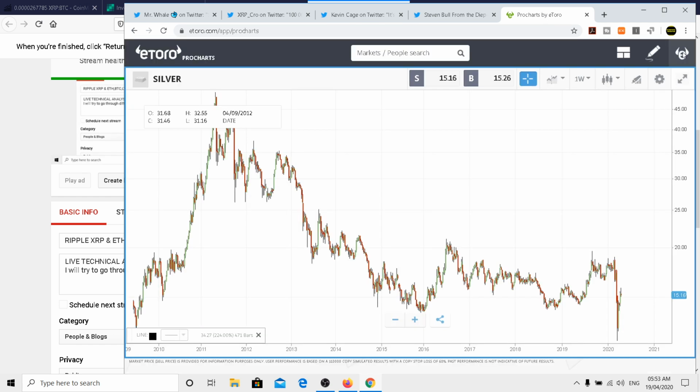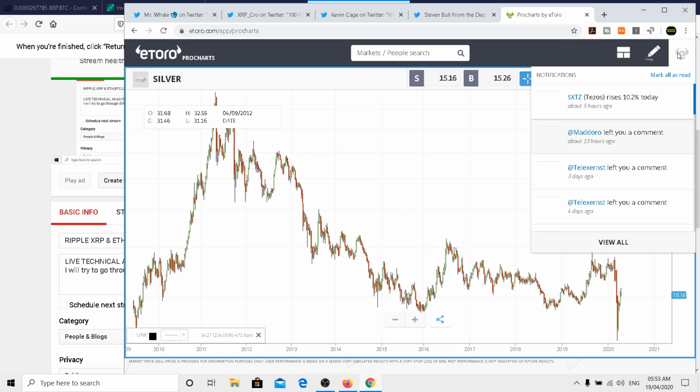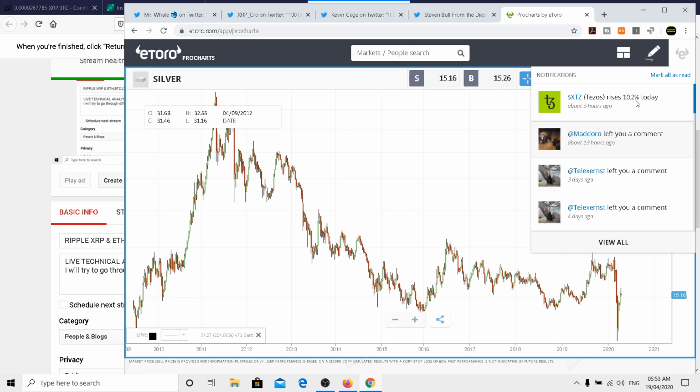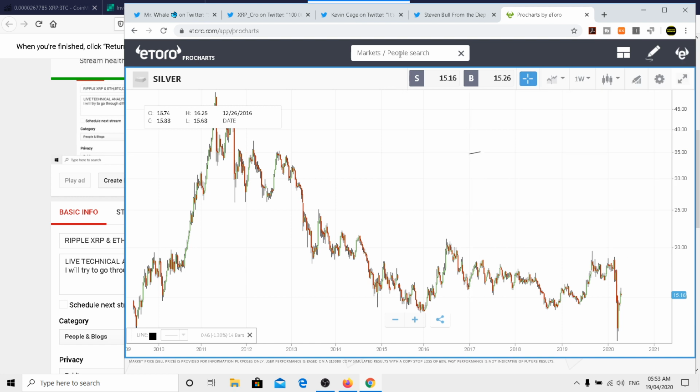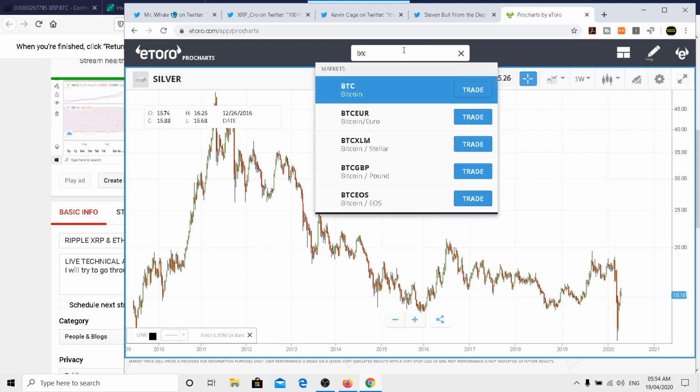If I go to the notifications here on eToro, it showed me 5 hours ago that Tezos just pumped 10%. So if you see the price of BTC on the same exchange, you can compare how the fluctuations are working on one altcoin and what they call the mother coin.